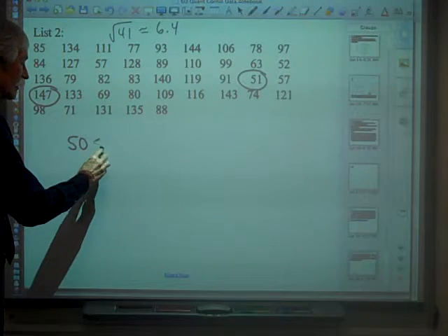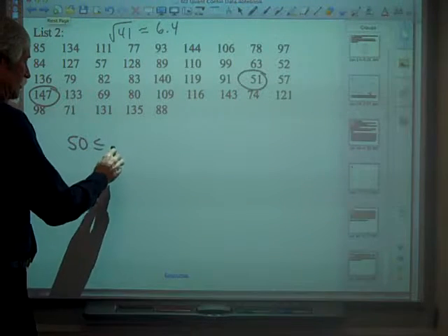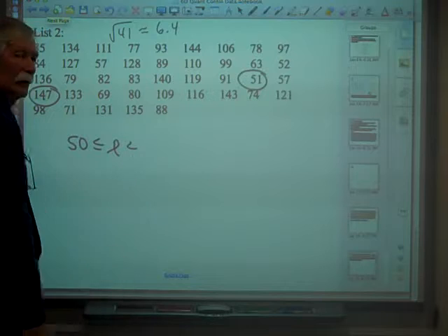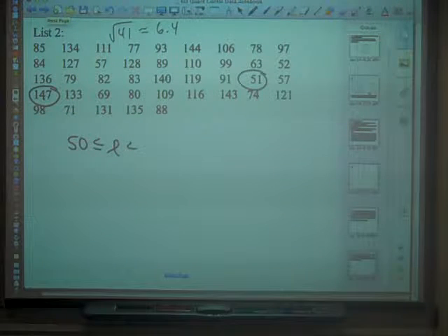So it would be 50 less than or equal to L less than 65, 15 in size.